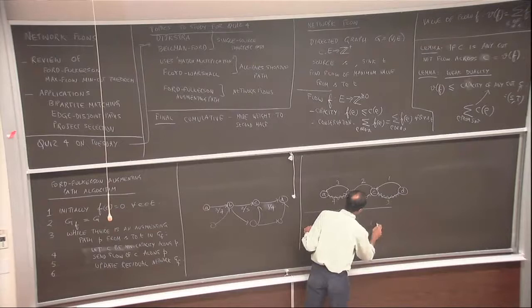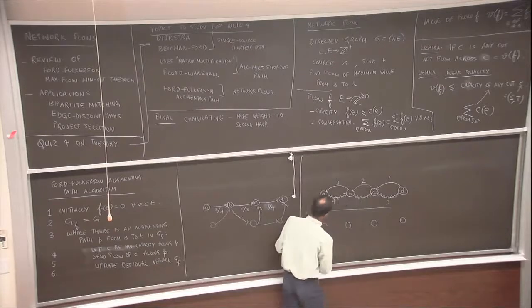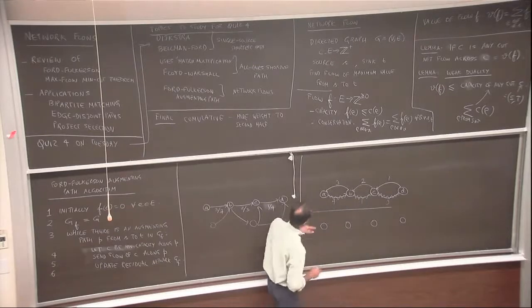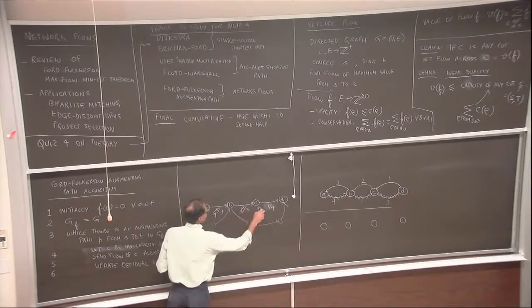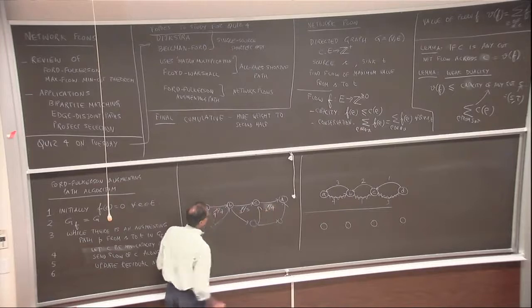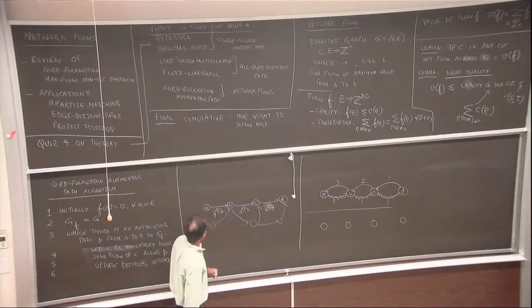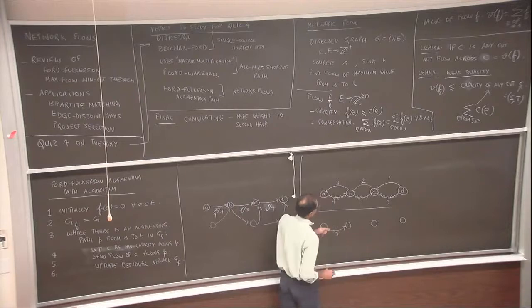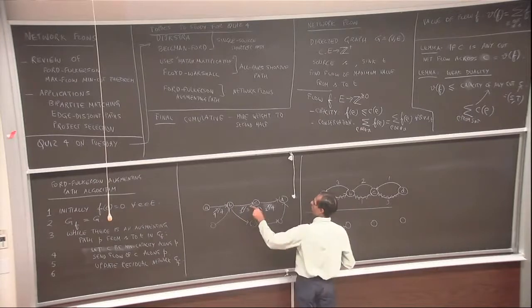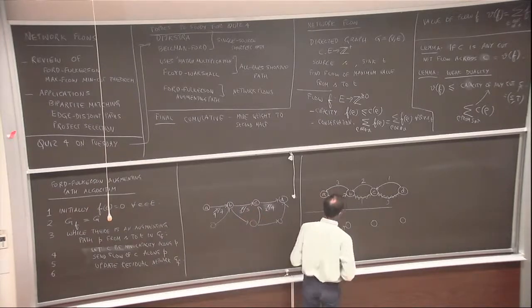How does the residual network get updated? Now this has increased from 3 to 4, this has increased from 2 to 3, this has increased from 1 to 2. This edge will vanish because it has 0 capacity now.